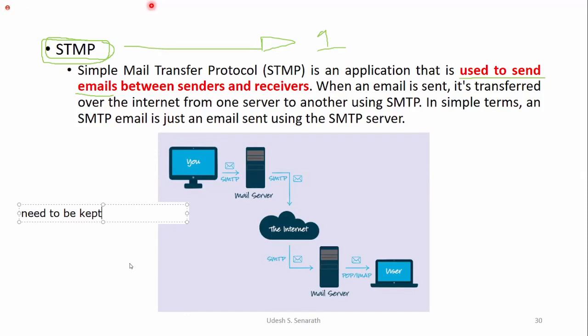Normally, when we are sending business emails, university emails, and other professional emails, we use IMAP, not POP3, because we need evidences.